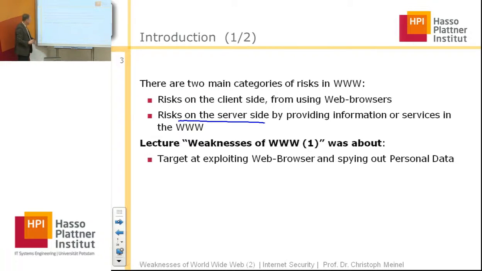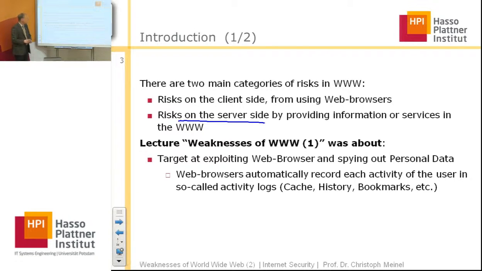In the first lecture, when we discussed risk on the client side, we mainly focused on the target of exploiting the web browser and spying out personal data. This was possible because a browser automatically records all kinds of activities of a user. If anyone gets access to these activity logs, like the history file, bookmark file, or others, then he can get a lot of information about the user.